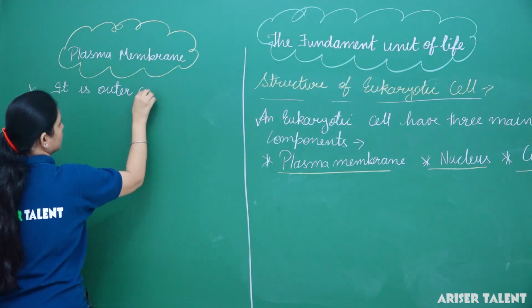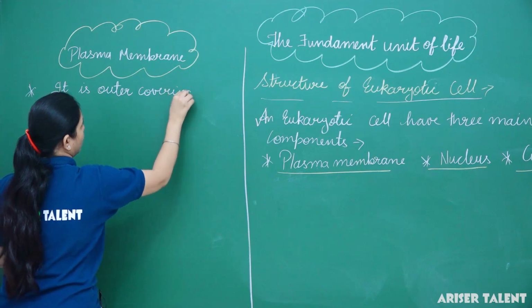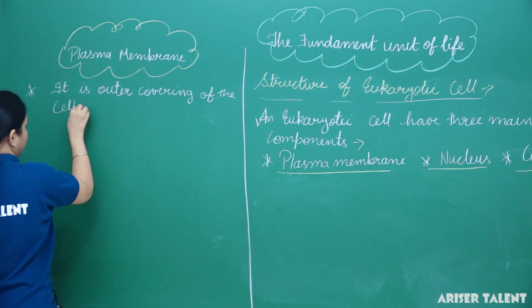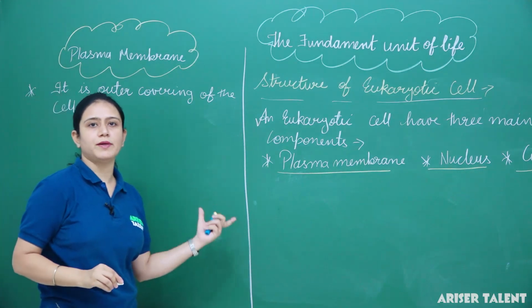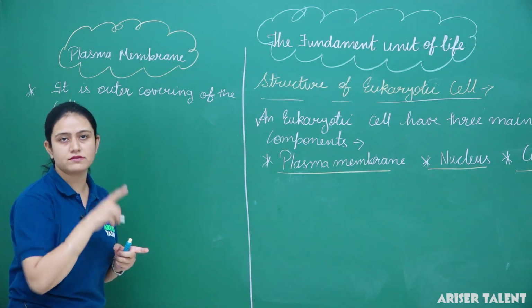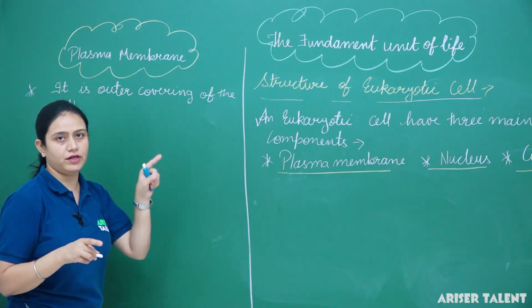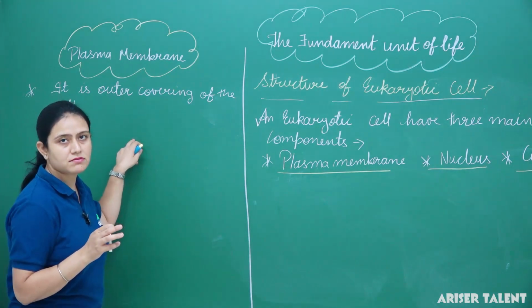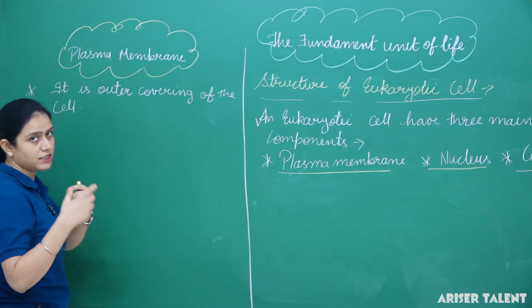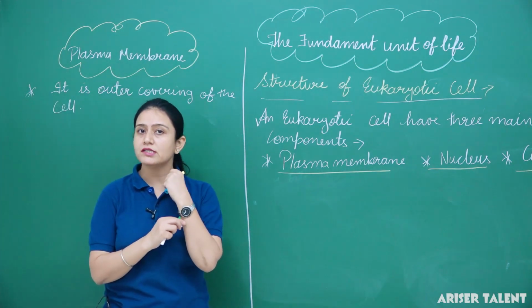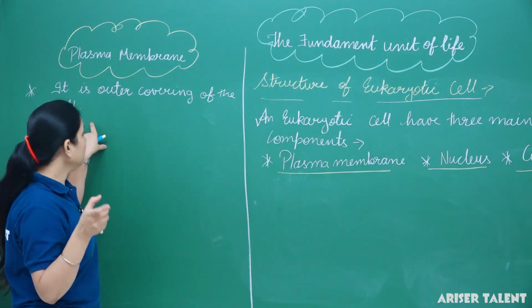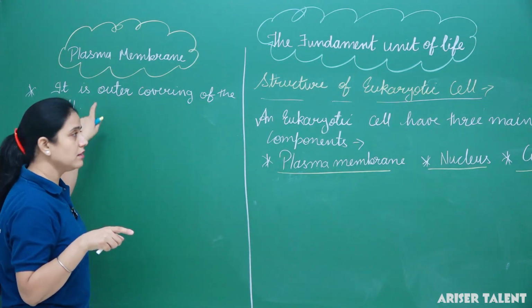Here we have already studied the structure of plant cell and animal cell, in which we have seen that the cytoplasm and nucleus are enclosed by this plasma membrane. Okay, so outer covering, as in our human beings, this outer covering is skin, same as in the cell.